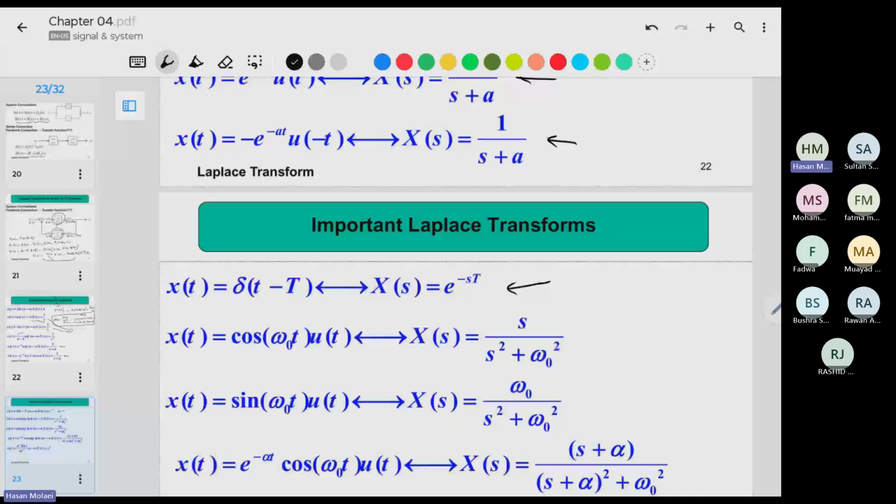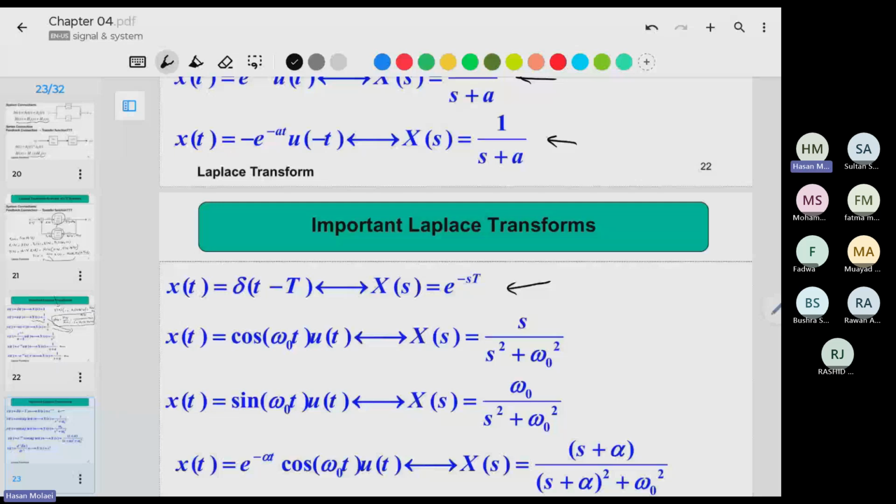At first, is the signal in time domain right-sided or left-sided? If the signal in time domain is right-sided, its Laplace transform ROC should be right-sided.